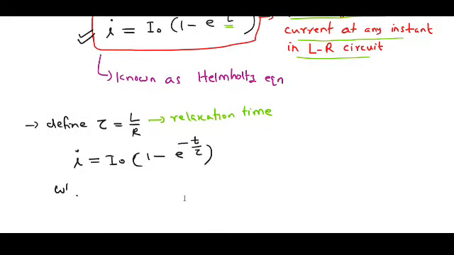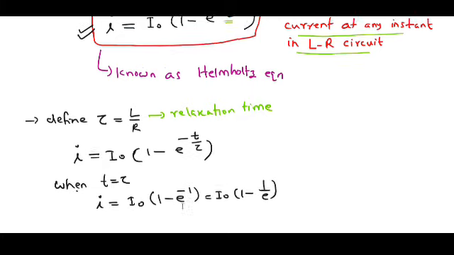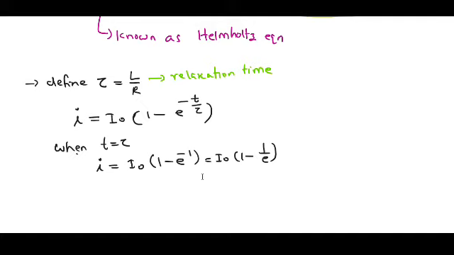Now when the time t is equal to tau, this equation I will become I0 into 1 minus e power minus 1, because tau by tau will be cancelled out. Or this can be written as I0 into 1 minus 1 by e. What is the value of 1 by e?